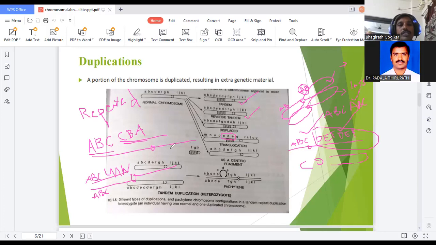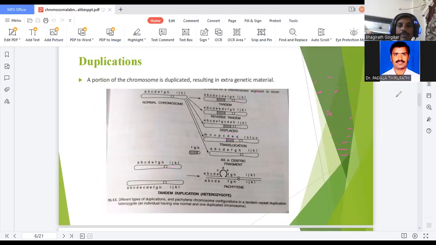Generally, duplications take place in many organisms more frequently, but they are less deleterious, less harmful, which helps in the formation of new gametes as well as new species. So this is about duplications. Are you followed? This is clear? Yes, sir.